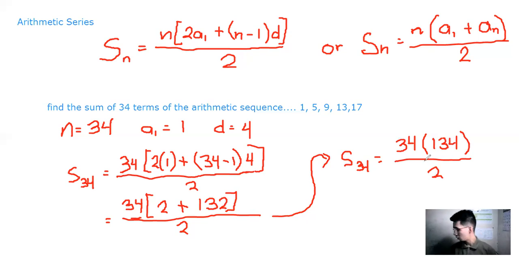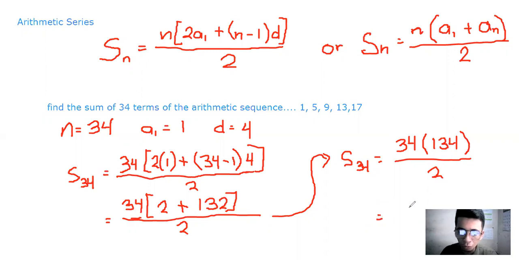Let's see calculator. So 34 times 134. Ay, 4,556. Tama.